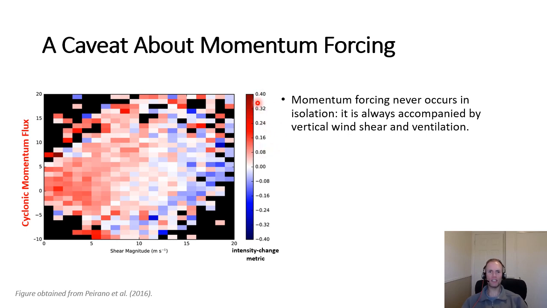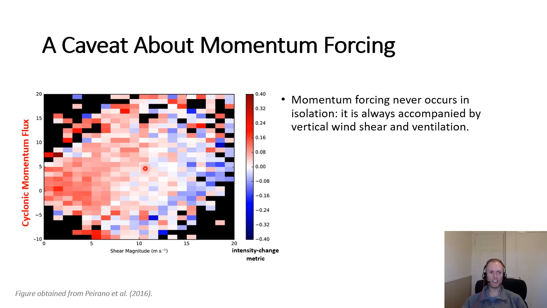Positive values indicate that you have a positive intensity change for the cyclones with a given shear magnitude and momentum forcing. Negative means that you have a negative intensity change for the tropical cyclones with that particular shear magnitude and momentum flux forcing. What we see here, if momentum flux forcing were the dominant factor, is that as you go upward at any given shear, you would expect to go from blues to reds.